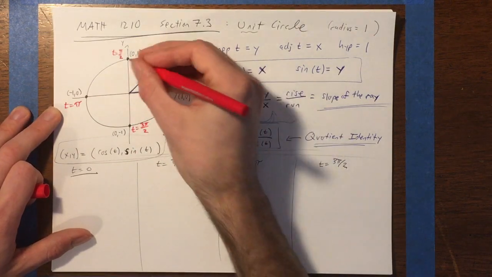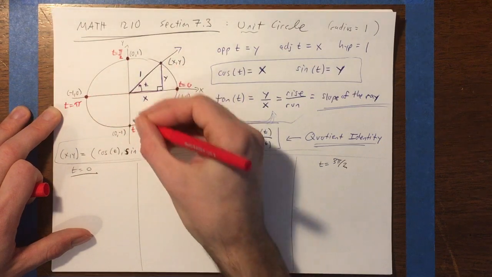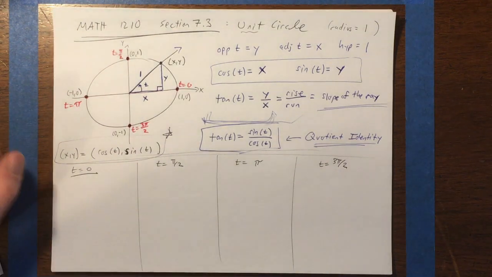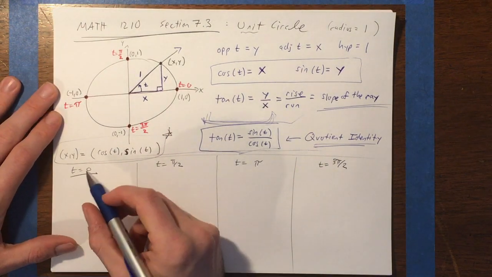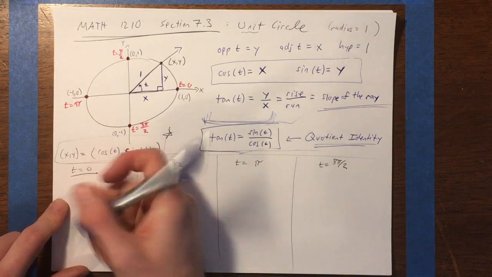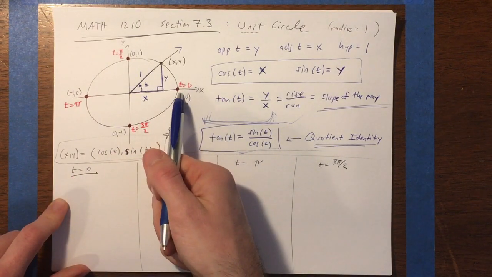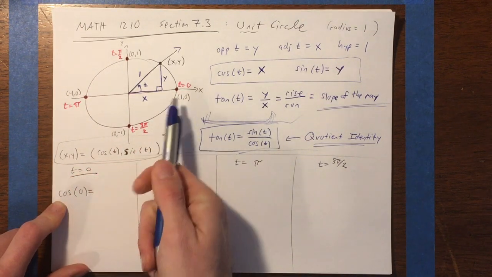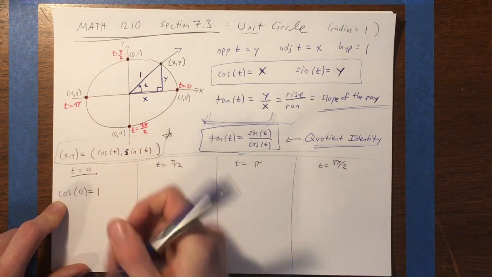So those points where the unit circle intersects the x and y axes are the points that are going to tell us the sine and cosine values of these angles. Knowing that t equals 0 is this point right here, cosine of 0 must be the x coordinate of that point, which is 1.